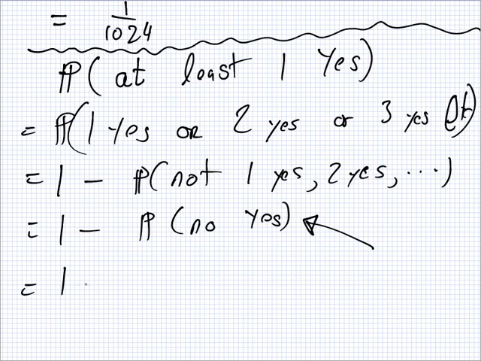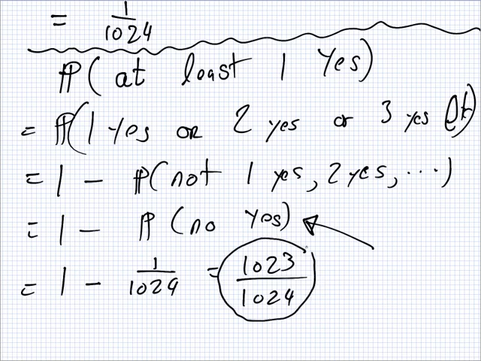So that's 1 minus 1 over 1024. So that's 1023 over 1024. So you see, it's very likely that at least one person says yes, that you have one or more yeses.